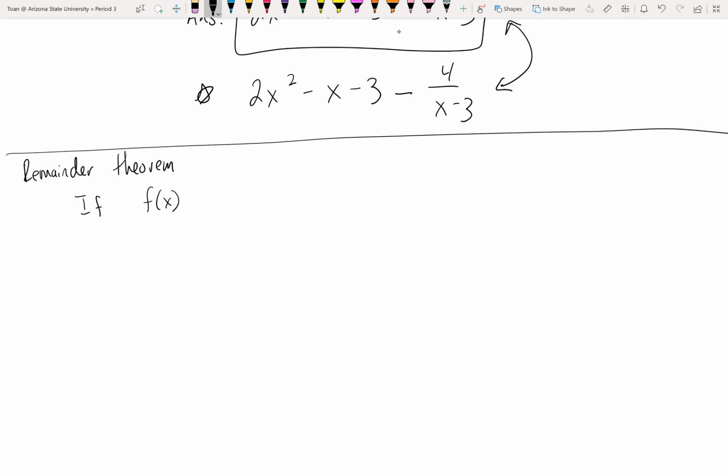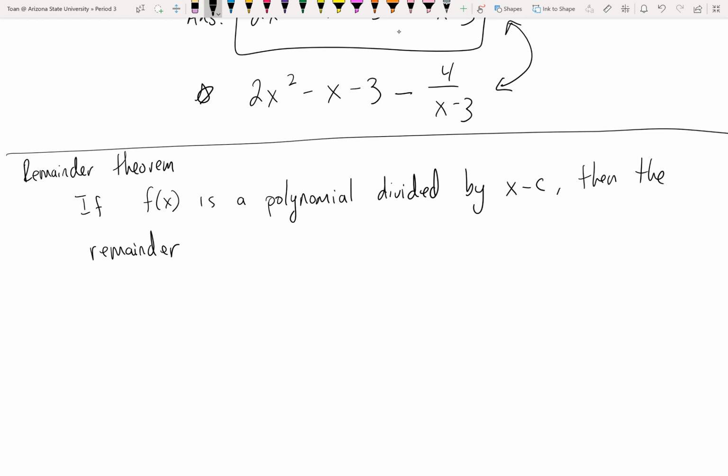If you have a polynomial, say f of x, divided by a monic linear factor, say x minus a number, say x minus c, then the remainder of that division is equal to f of c.